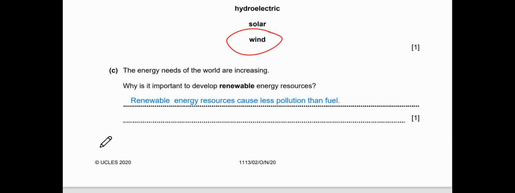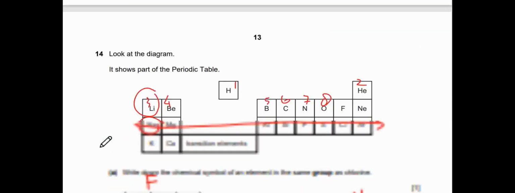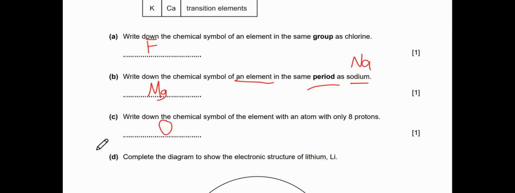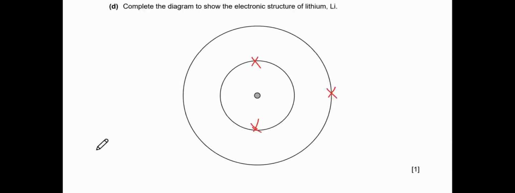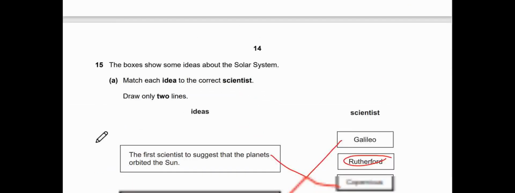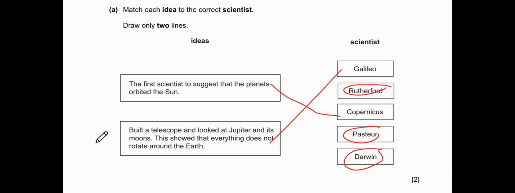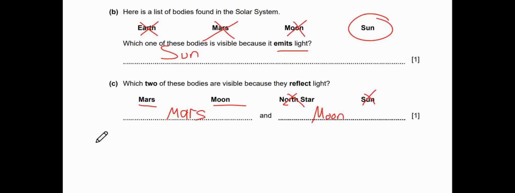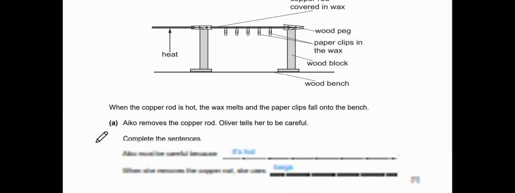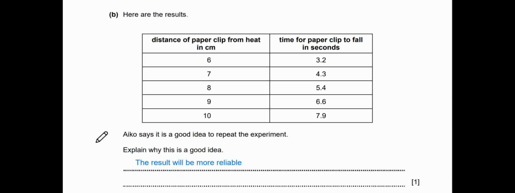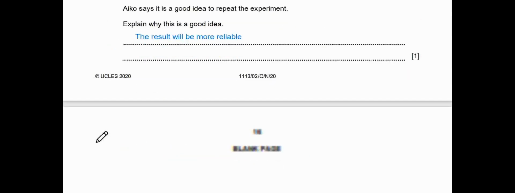Here we go, 13C. Next is question 14, A, B, C, and this is question 14D. Next we move on to question 15, and 15B and C. And last is question 16A, 16B. That's it for today.